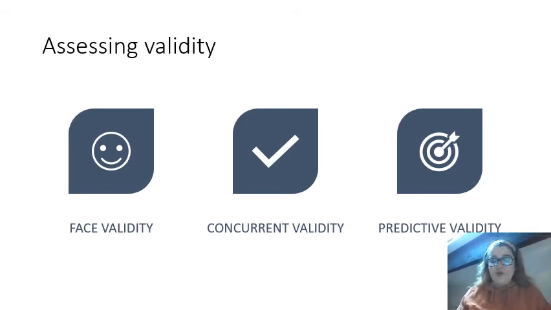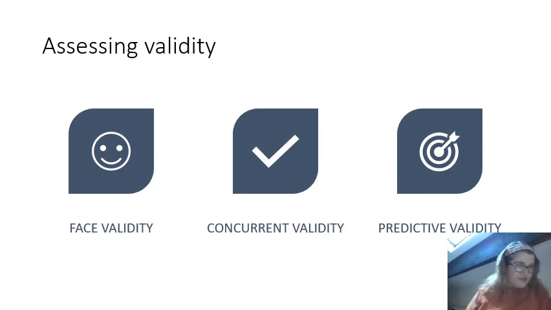Okay, so the first way that we can assess validity in research is face validity. And again, it's basically what it says on the tin. Looking at face validity there, it's basically, when you look at it, is it measuring what it is intending to measure?